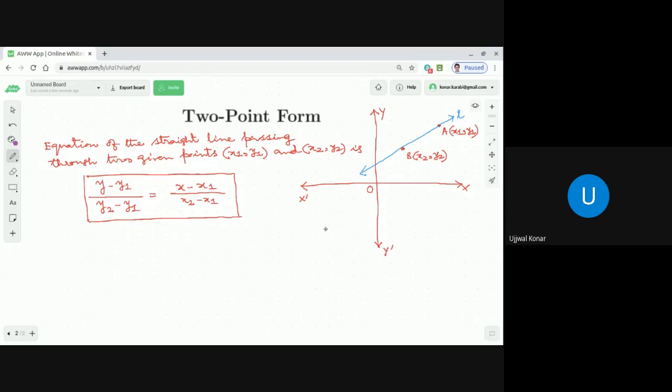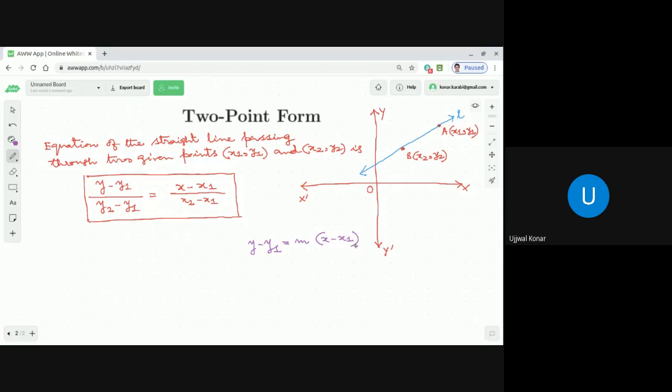So let us find the equation of the straight line passing through the point A and having slope m. It will be y minus y1 is equal to m into x minus x1.